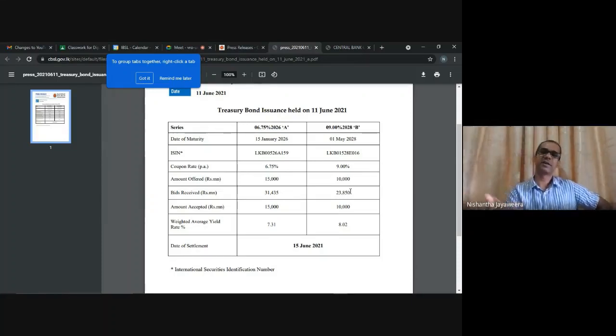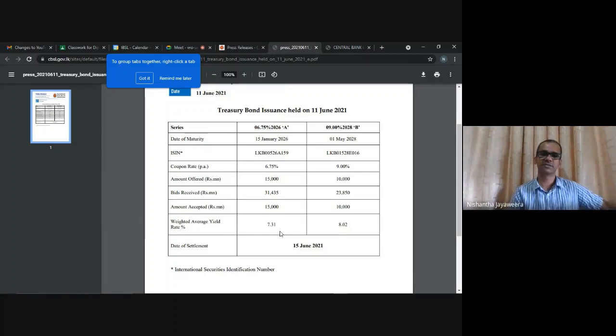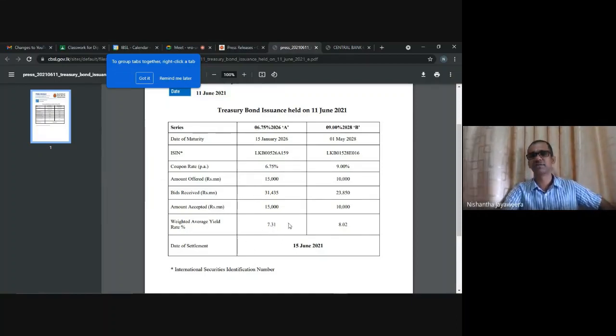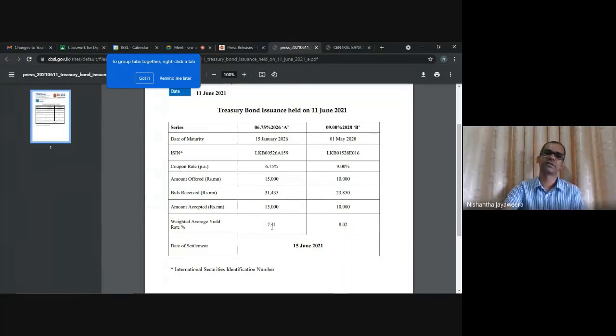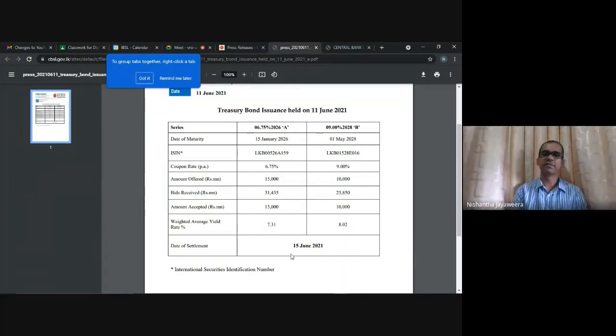So in the secondary market, these might have traded well below this yield, because there are more potential buyers. If they really want it, they may try to buy at a higher price, meaning a lower yield, maybe 7.3 or 7.25, something like that. There is a demand, yes, sir? If there's a real demand, yes.